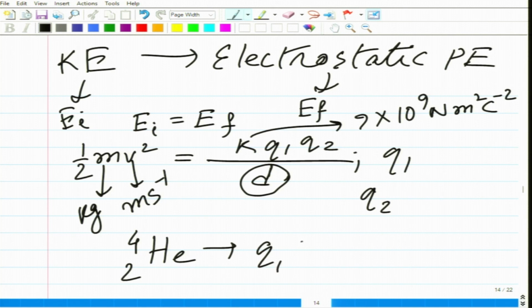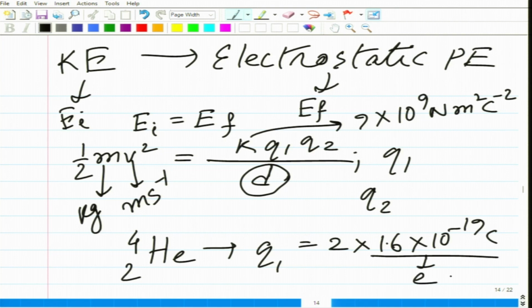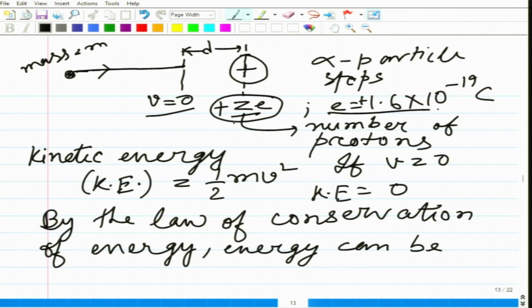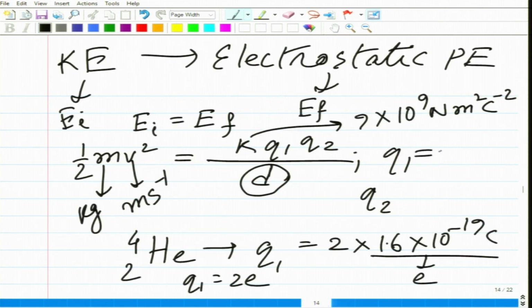So q1 is 2 into this charge, written as small e. So q1 equals 2e. And q2 is the nucleus, which has charge Ze, where Z is the number of protons in the nucleus. So q1 equals 2e, q2 equals Ze.